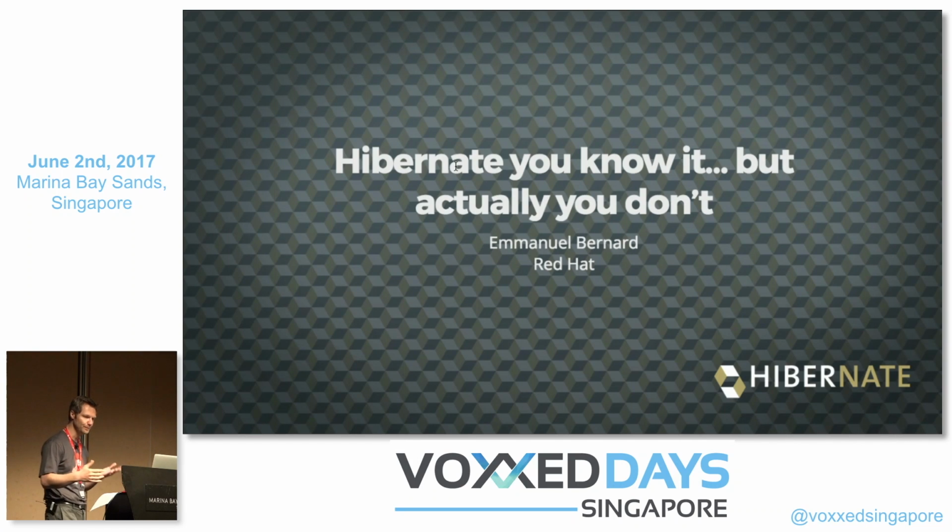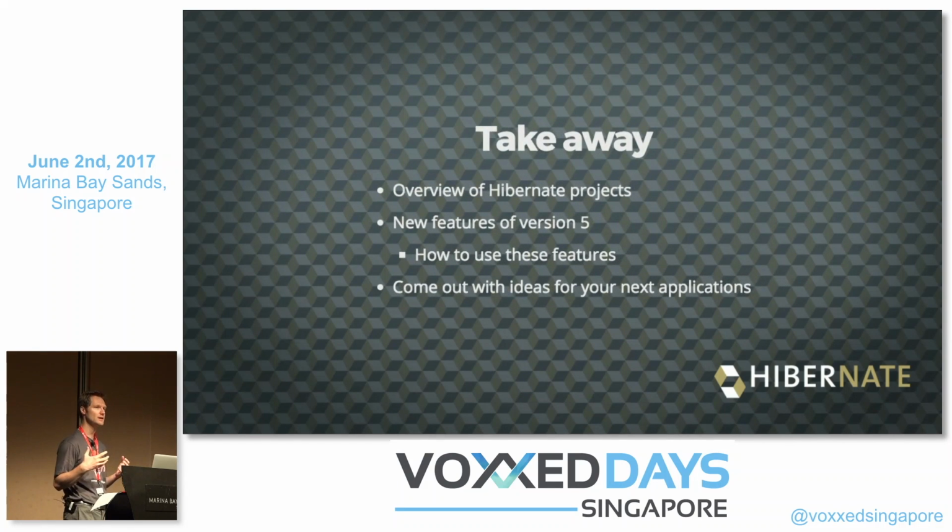So what we're going to do today is have a discussion of what is new about Hibernate, the object relational mapper, but also give you some of the features that are not necessarily new, but that people tend to not know about, and hopefully you get a concrete takeaway to use in your projects. And I'll also describe the various other Hibernate projects, to make you aware that there is more than the object relational mapper.